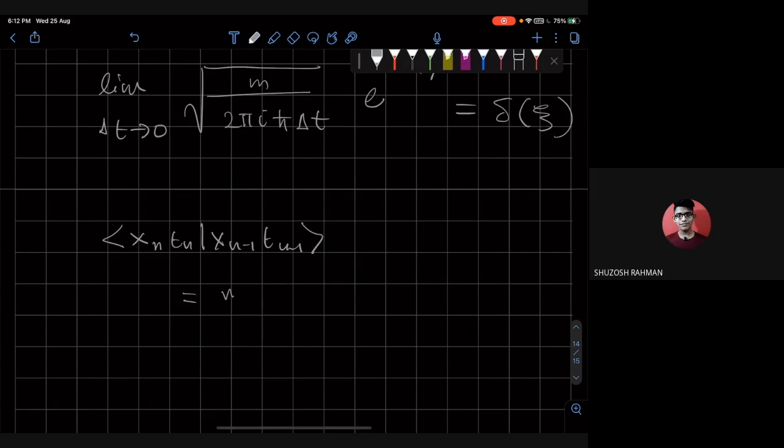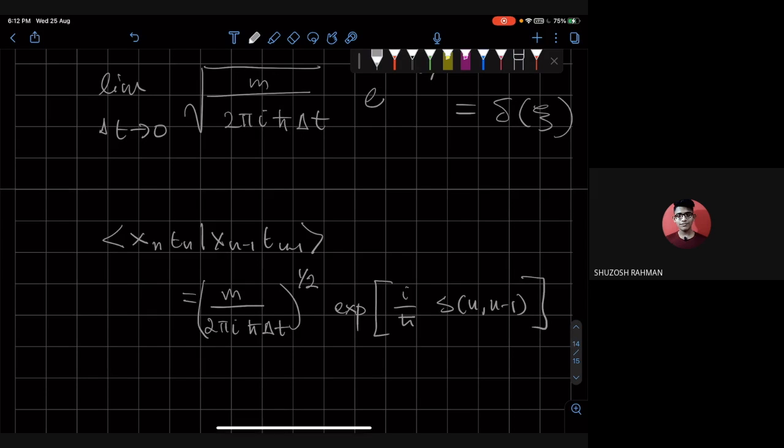This is the square root of m by 2 pi i h bar delta t, times the exponential of i by h bar S n, n minus 1.